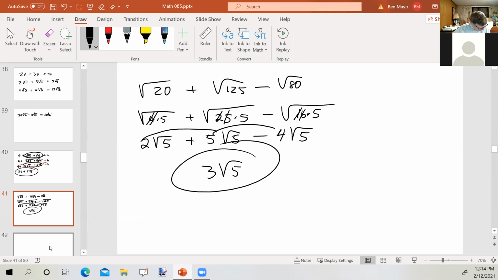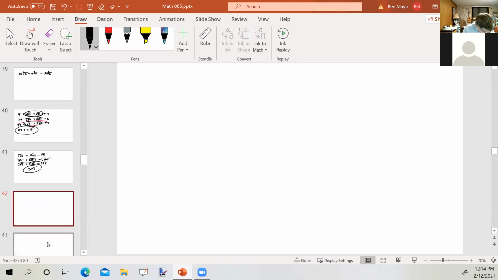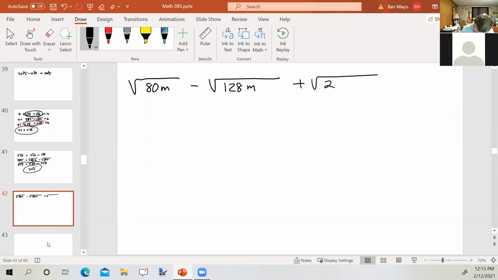Okay, now. Simplify by combining like radicals. All variables represent positive real numbers. We have the square root of 80m minus the square root of 128m plus the square root of 288m.